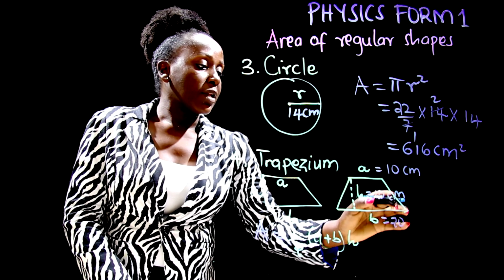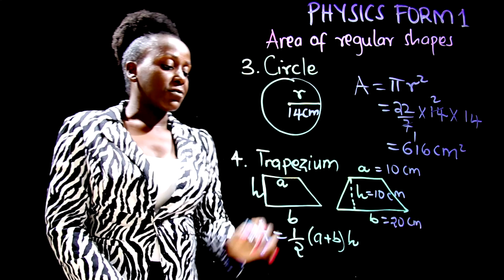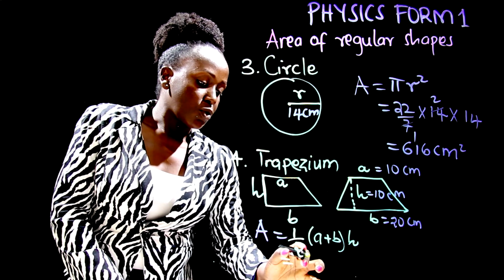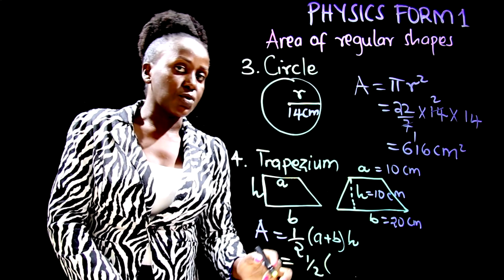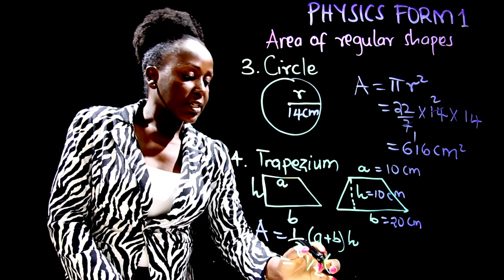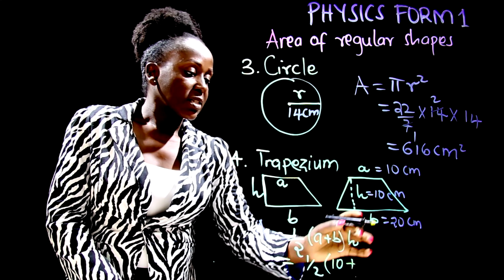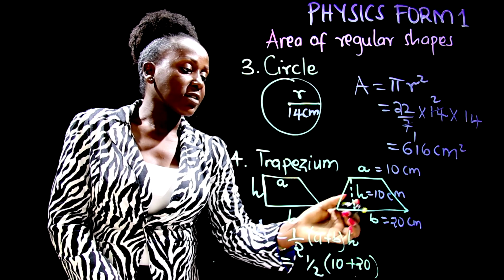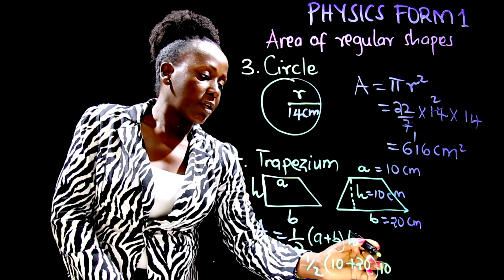So what will be the area of this trapezium? So the area will be equal to a half into our A is 10 plus our B is 20 times the height, which is 10.